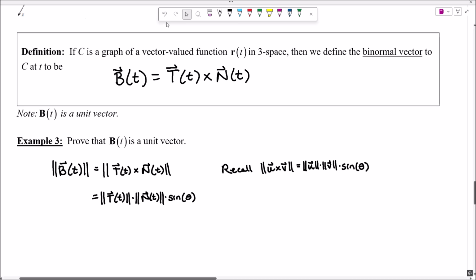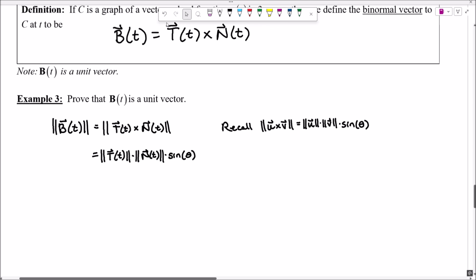Well, let's think about what each one of these things would actually be. What's the length of T of t, the unit tangent vector? Oh, well, it's a unit vector, so its length is always 1, regardless of t. Similarly, the length of the normal vector is always going to be 1 because it's the unit normal vector.